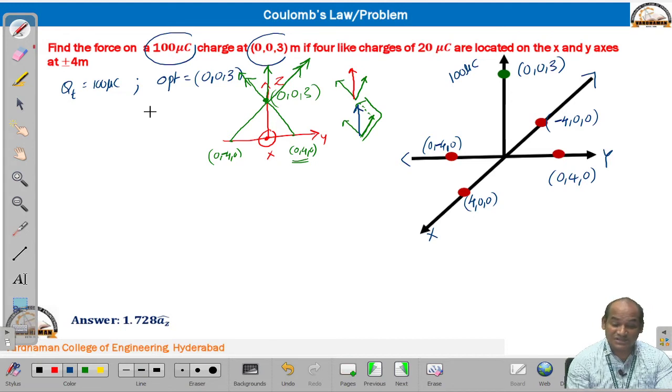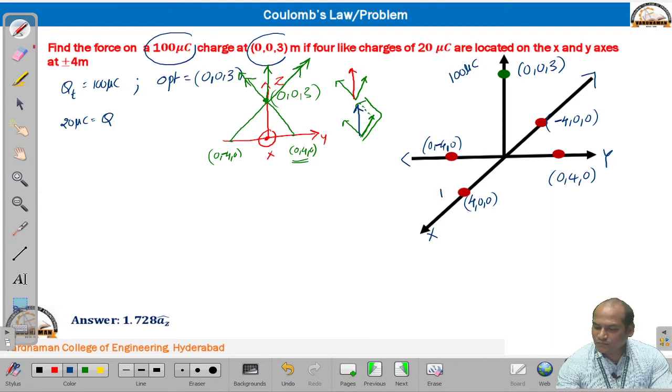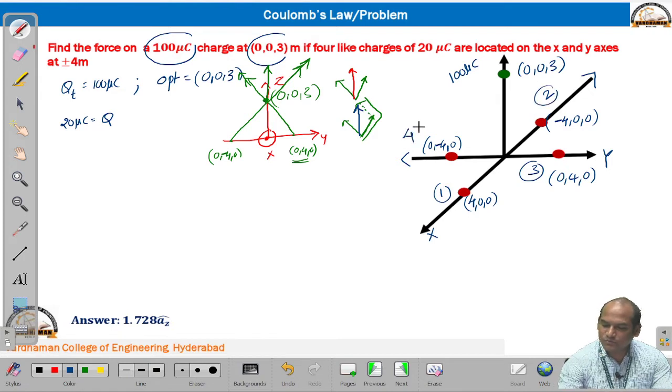Now, 4 source charges are there and all the source charges are of 20 microcoulombs only. So, that one we can take. Here I am taking the numbering 1, this is 2, this is 3 and this is 4, and our test charge I will take as 5.